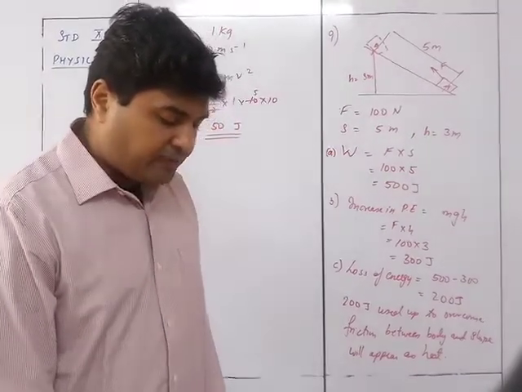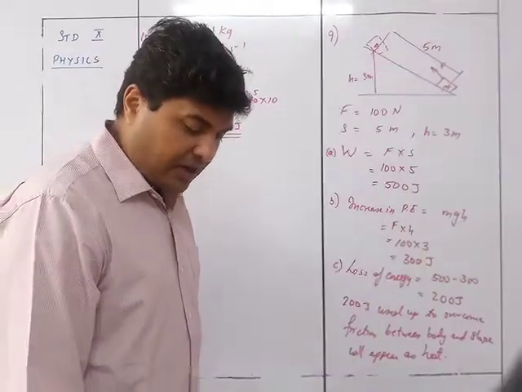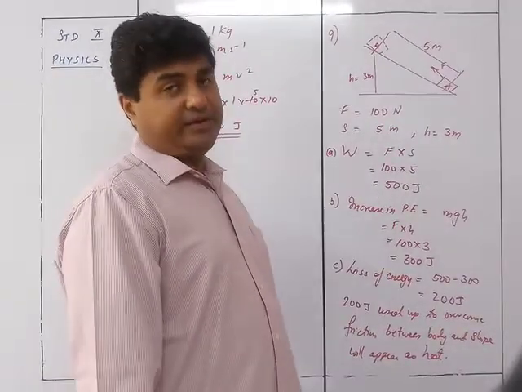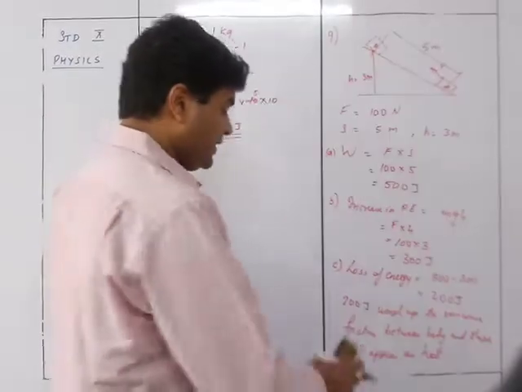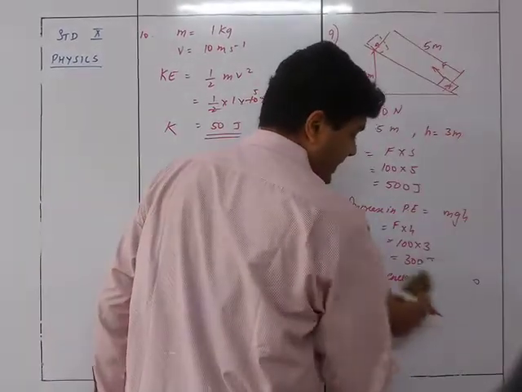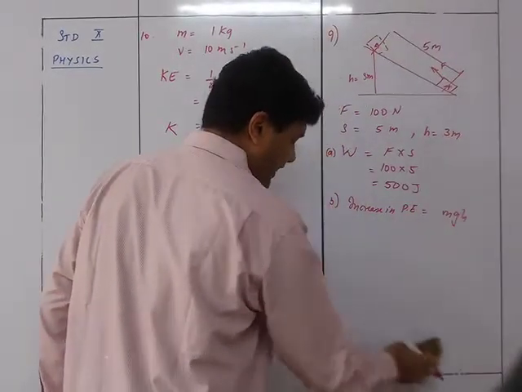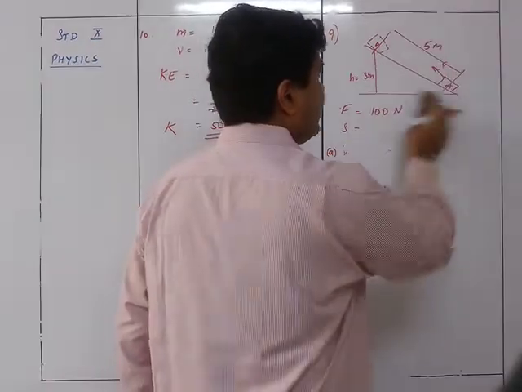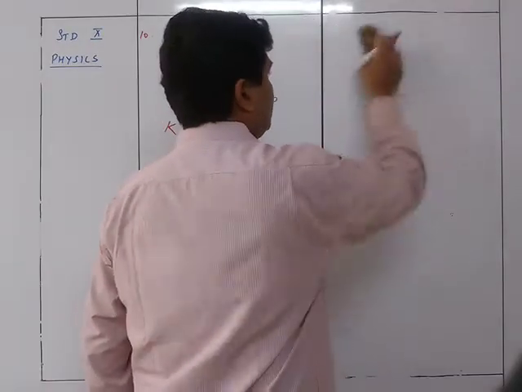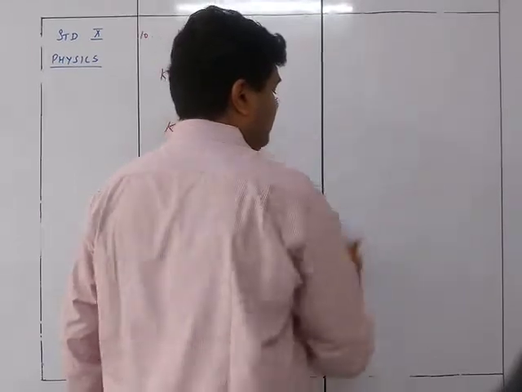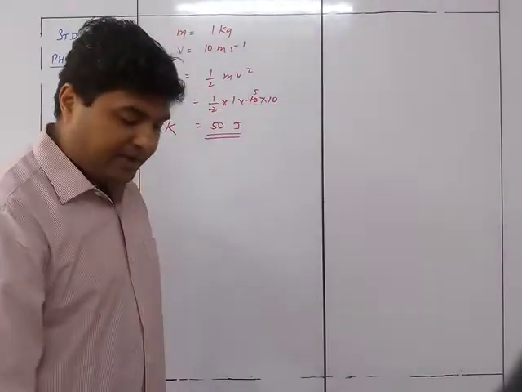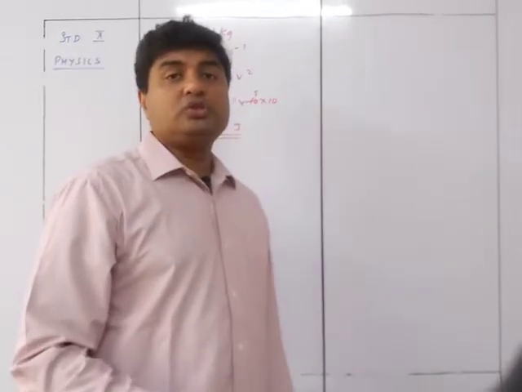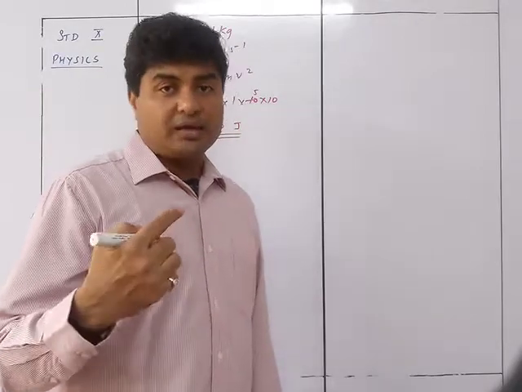Next is, if the speed of the car is halved, how does its kinetic energy change? The question is a relative question. They have given that if the speed is halved, then what will be the kinetic energy of that particular body? Because we are comparing the kinetic energy between the two, let us do a ratio.